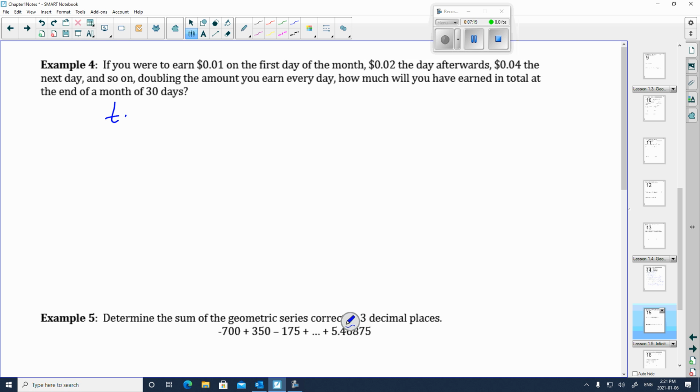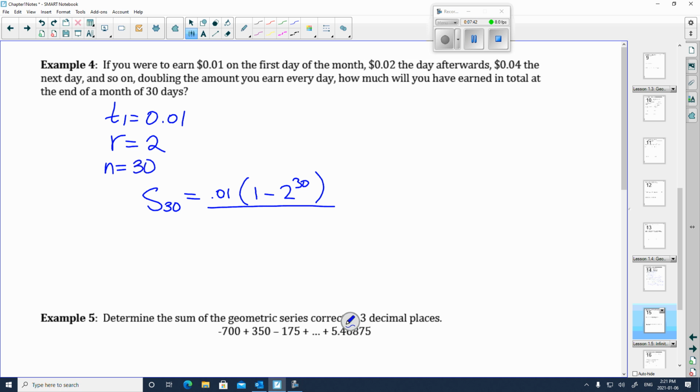So the first term is 1 cent. The ratio is doubling, so 2. We're trying to find after 30 days, so n equals 30. We're finding the sum, because it asks for the total, so it's 0.01 times 1 subtract 2 to the power of 30, divided by 1 minus 2.